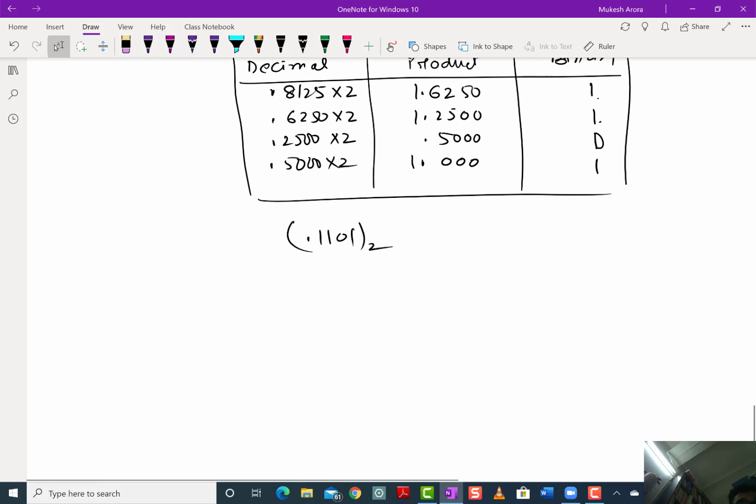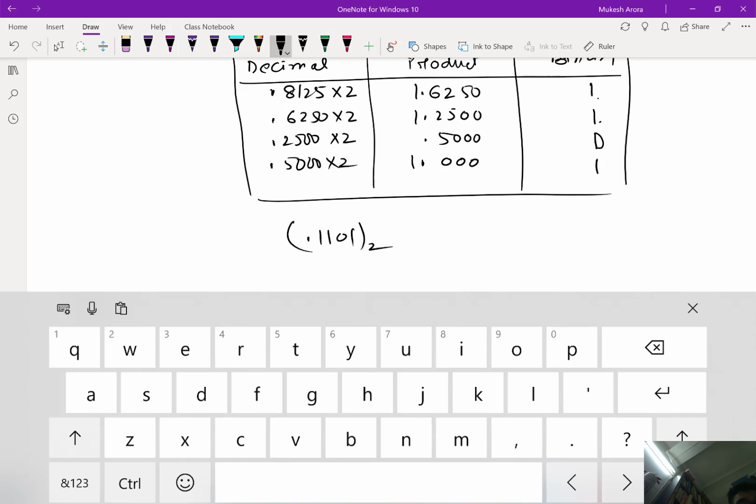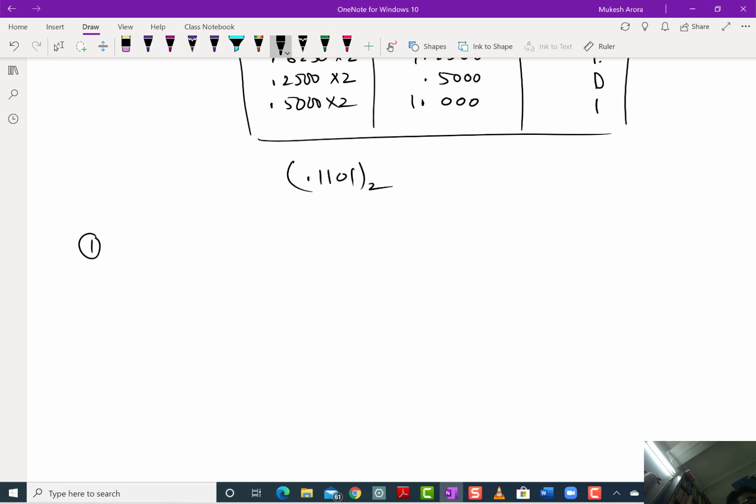Now we have a question where we have to convert 59.36 to binary form.